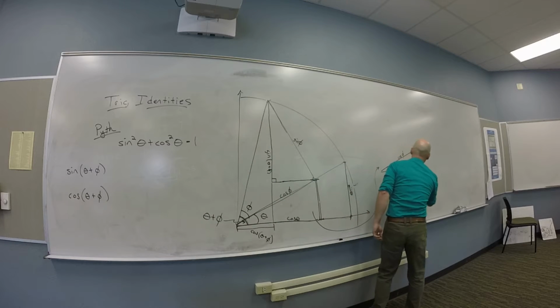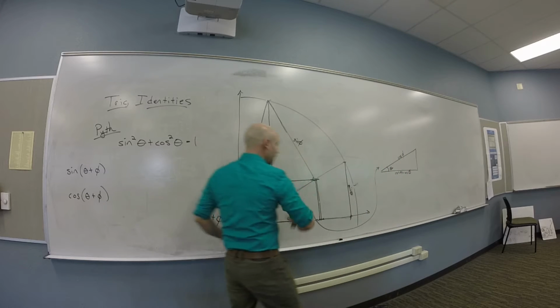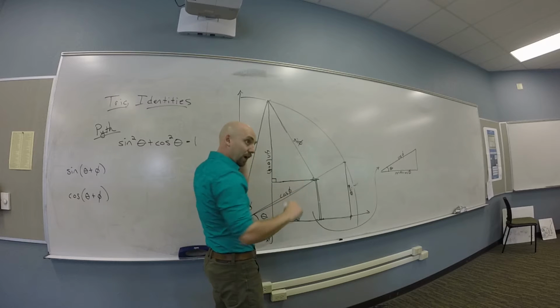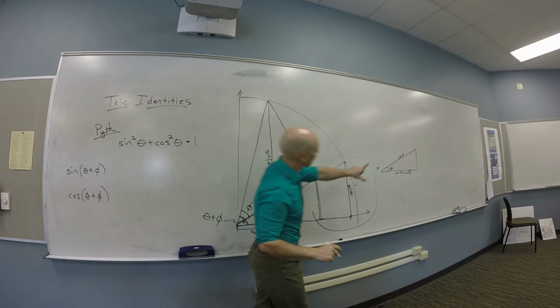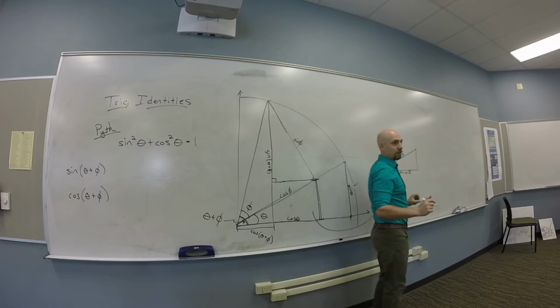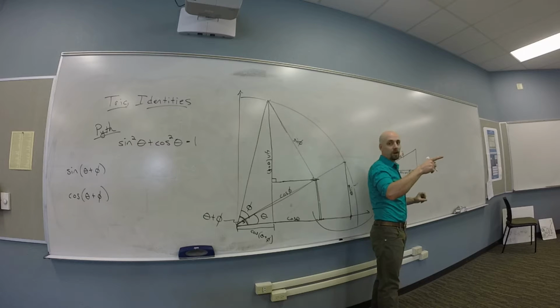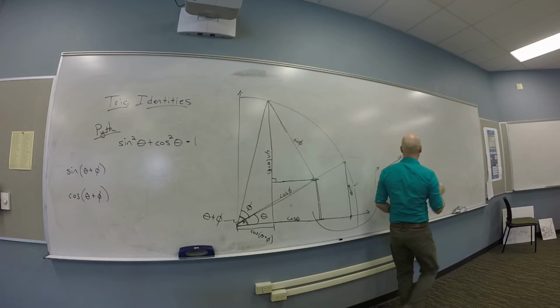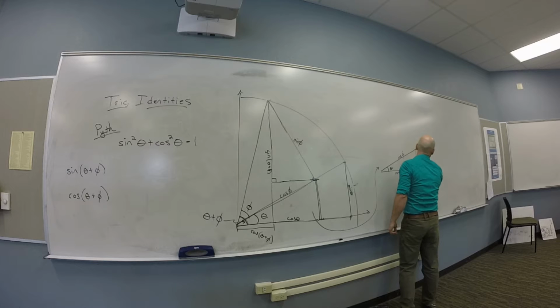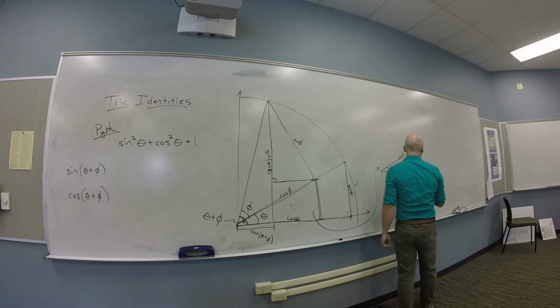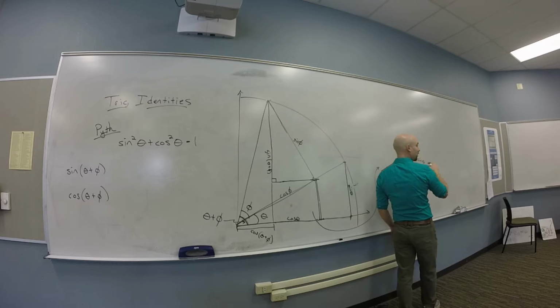Okay, in the interest of clarity, I'm going to leave most of my rectangles labeled over there. What's the vertical part? That's what we're trying to do. Sine of theta should be this side over the hypotenuse.